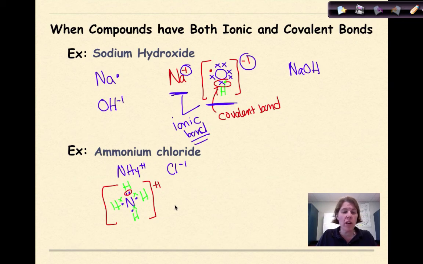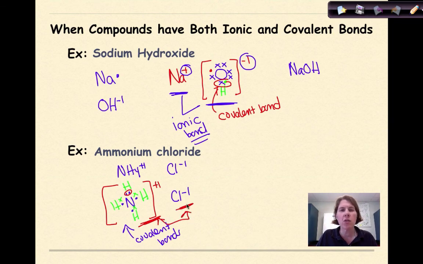And then I have my chloride ion, which is Cl minus 1. So again, between the nitrogen and the hydrogens, I have covalent bonds. But the interaction between the ammonium and the chloride, because ammonium is positively charged and the chloride ion is negatively charged, that is my ionic bond.